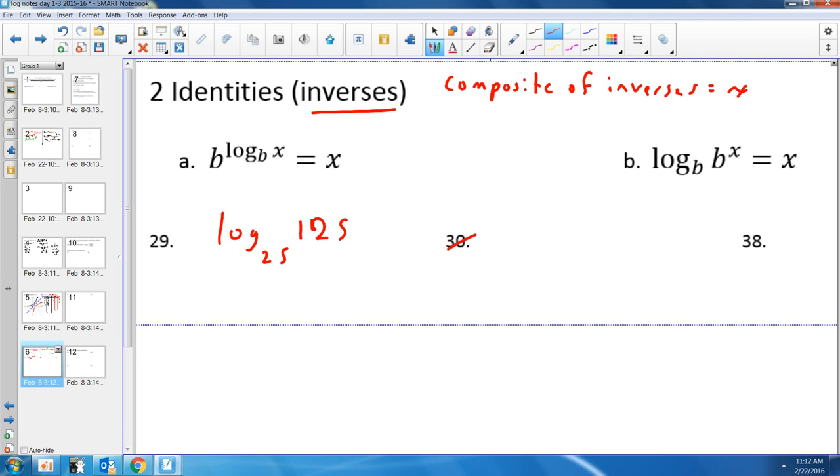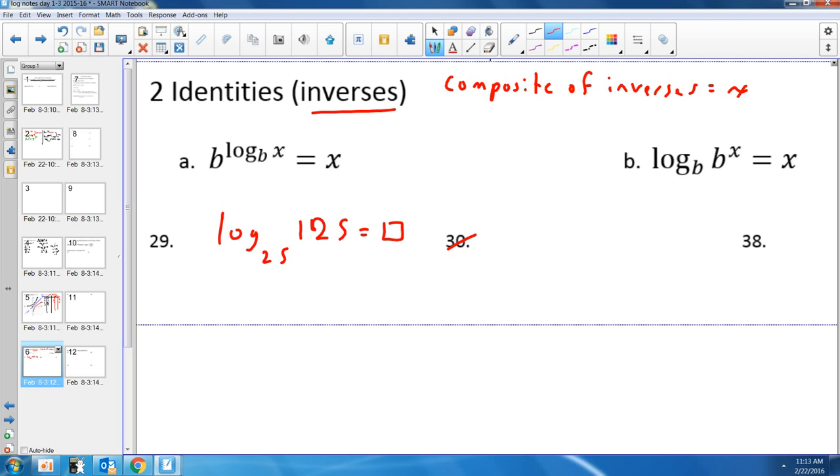You're simplifying. So the goal here is not to change forms. It's to say, what does that actually equal? You can change forms, and that's what I would suggest doing to make sense of this.